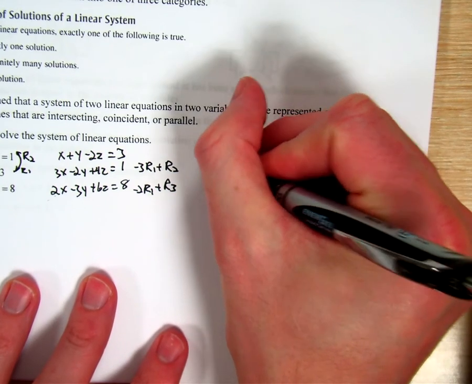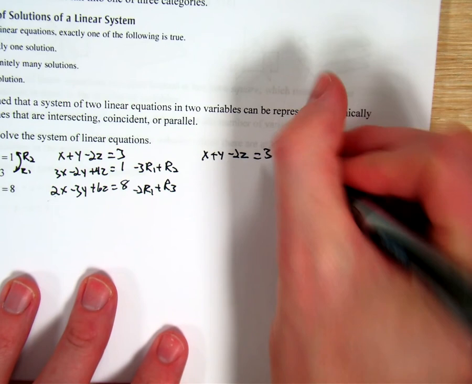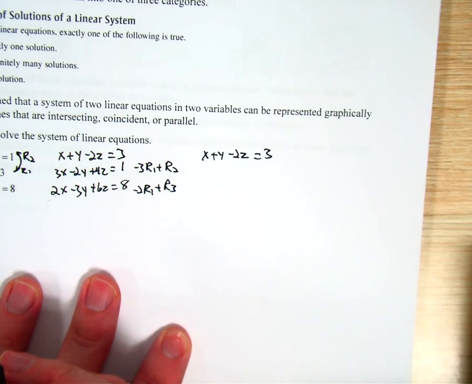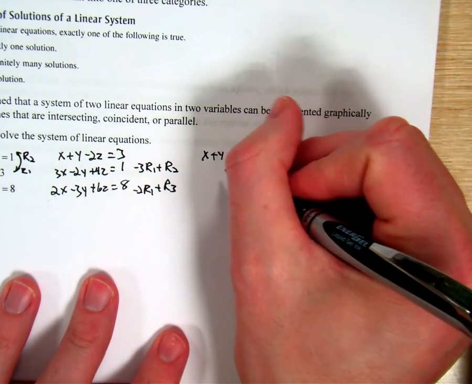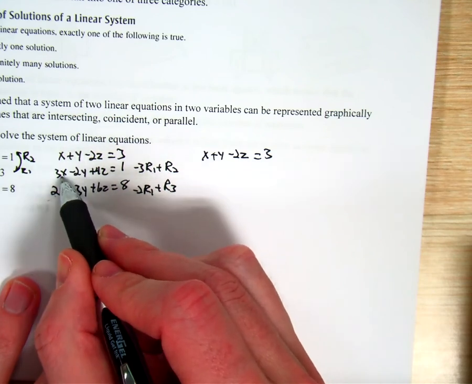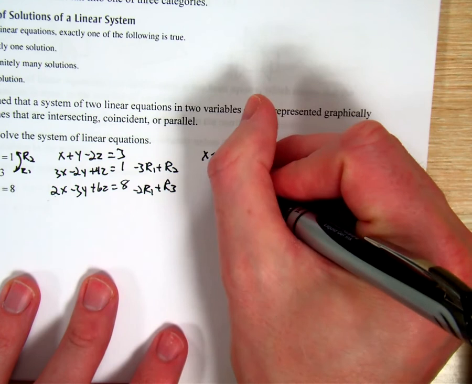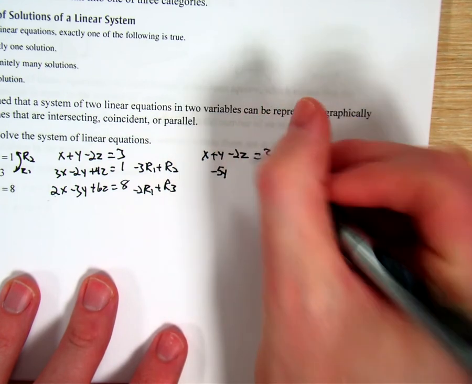Okay, so we have x plus y minus 2z equals 3. And now here we go. Negative 3 times row 1 and add it here, and the x cancels out. Negative 3 times row 1 and add it here, we'll have negative 5y.